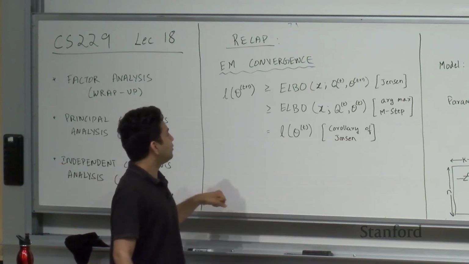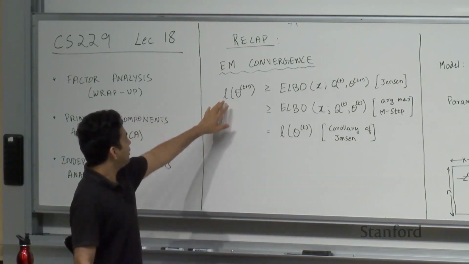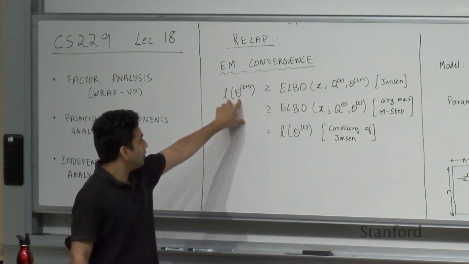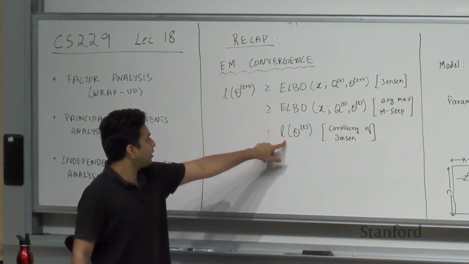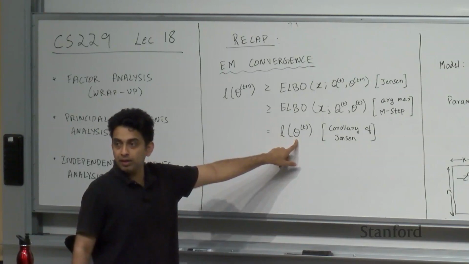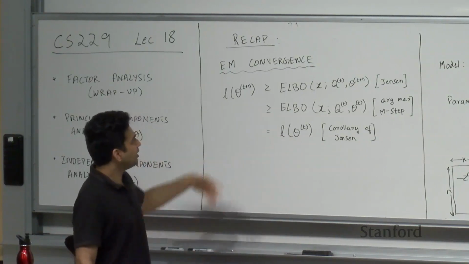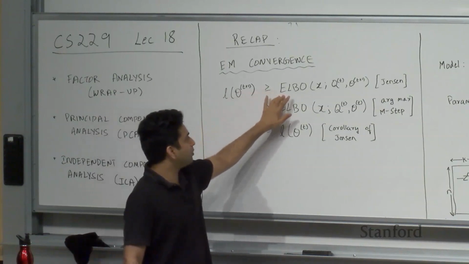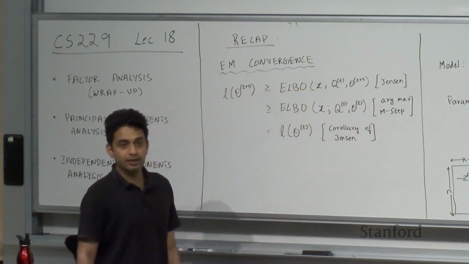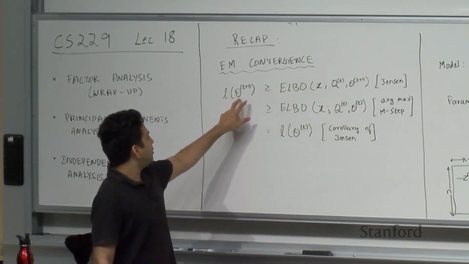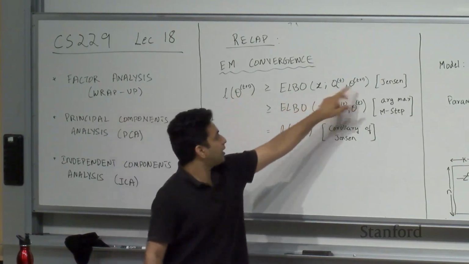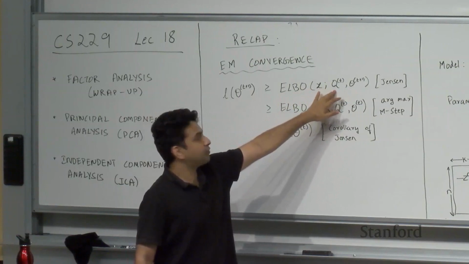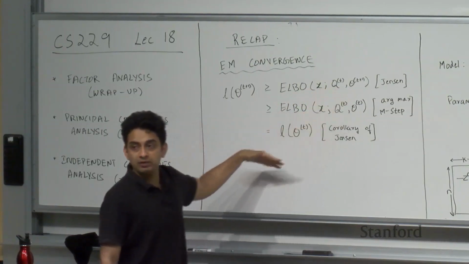The way we went about doing that is to show that the likelihood at theta t plus 1 is greater than the likelihood at the previous theta t. And the way we went about doing that is to show that the likelihood is greater than the ELBO. Jensen's inequality tells us that the ELBO, at the same parameter value, for any value of q, will always be less than or equal to the likelihood.